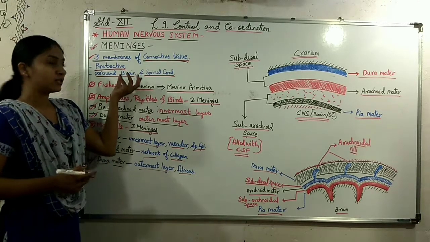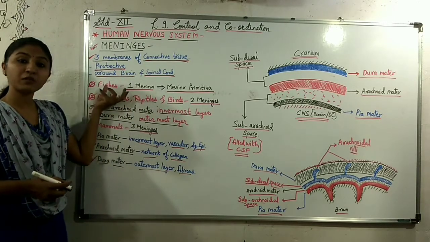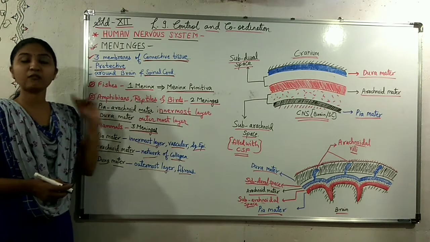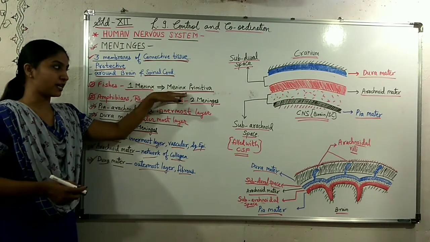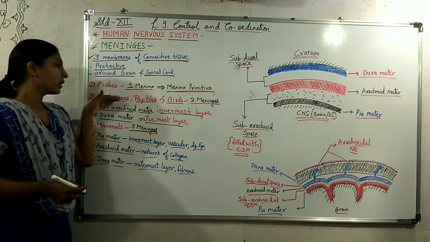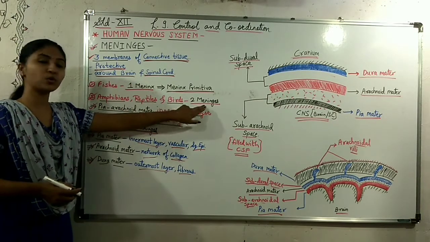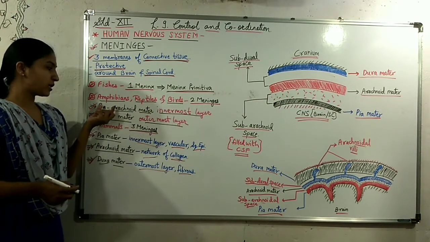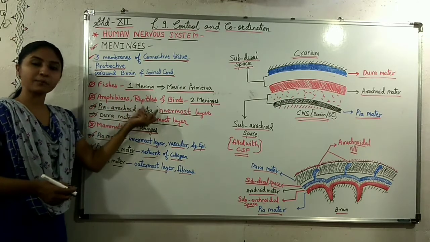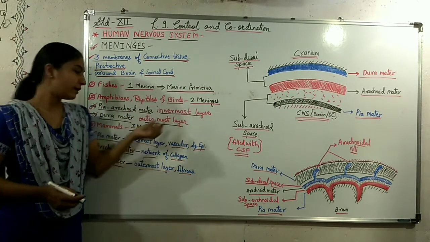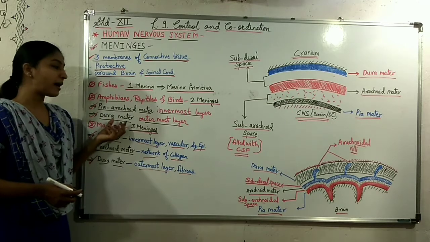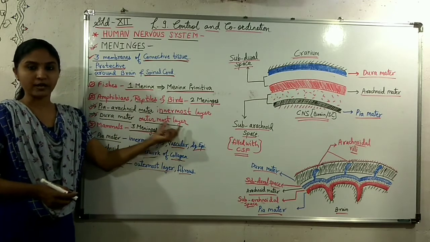So in fishes, they have only one meninx, called meninx primitiva. In amphibians, reptiles and birds, there are two meninges: the Arachnoid mater, the innermost layer, and the Dura Mater, the outermost layer.